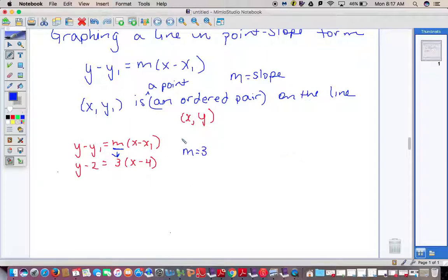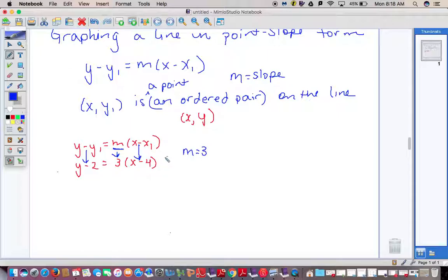And then what about our point? Well, it's important here to notice the setup of the original equation. We've got y minus y1 equals m times x minus x1. So we need to make sure that our subtraction symbols are the same in the equation.